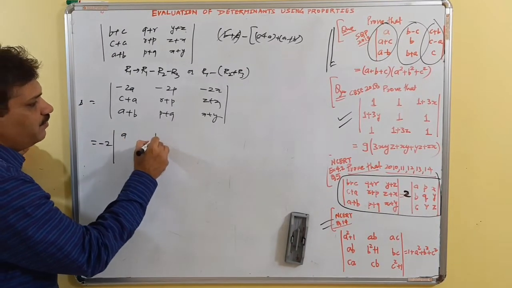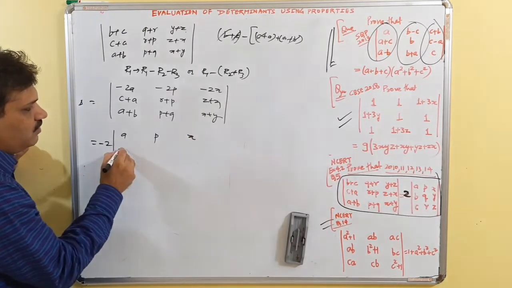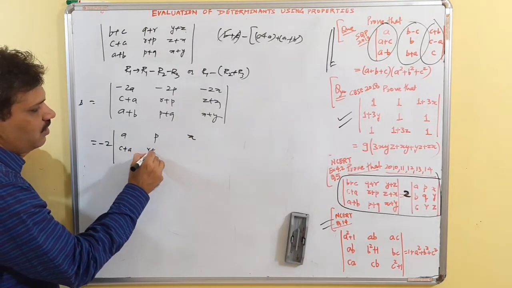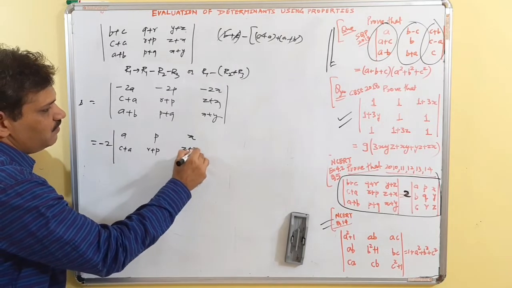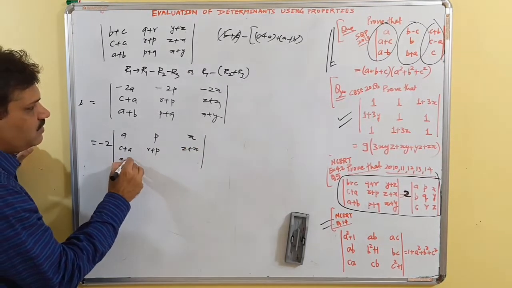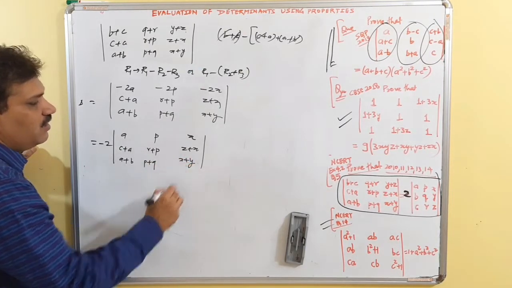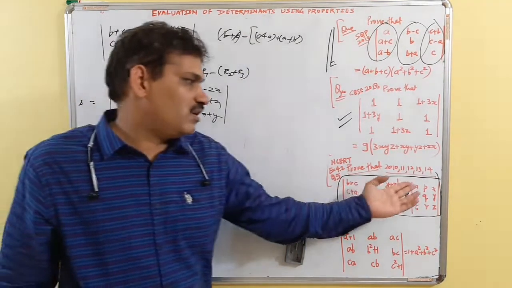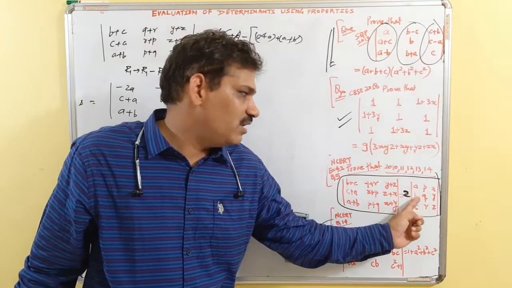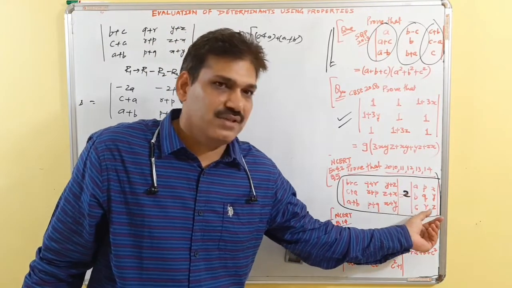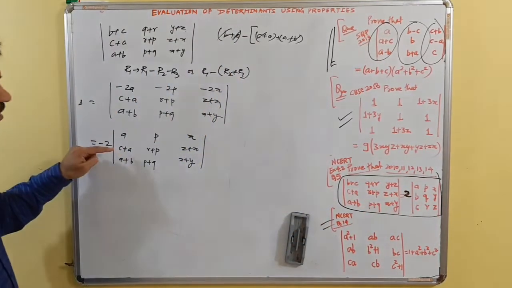So A, P, X, C plus A, R plus P, Z plus X, A plus B, P plus Q, X plus Y. Now we can observe that in the first row all the elements are single terms, there are no sums. So we can use it to convert the others into single terms.